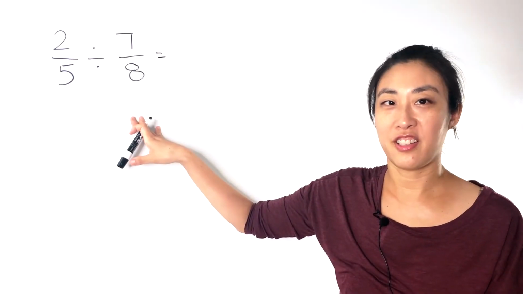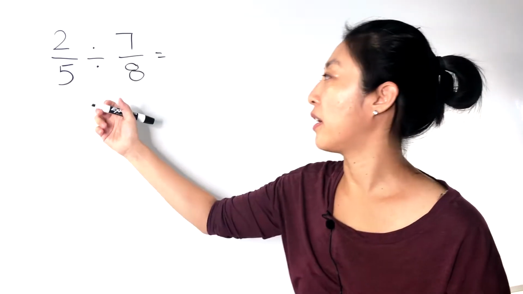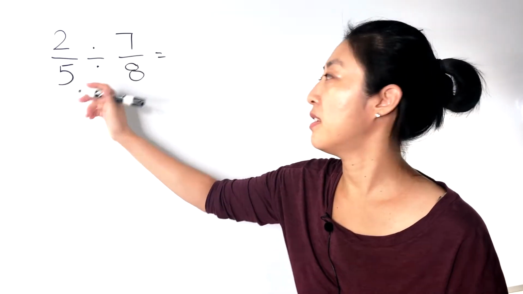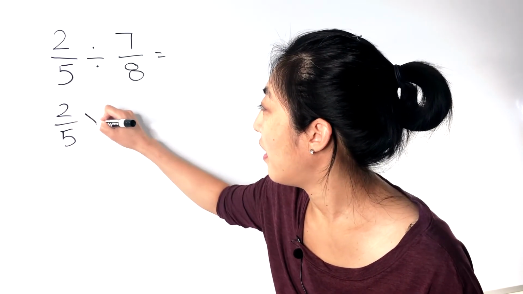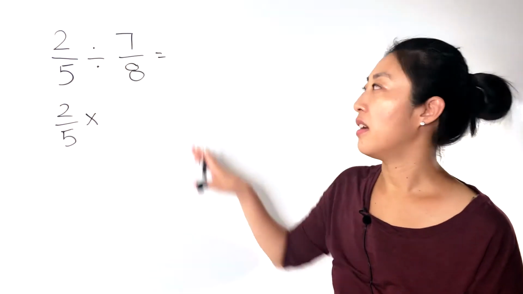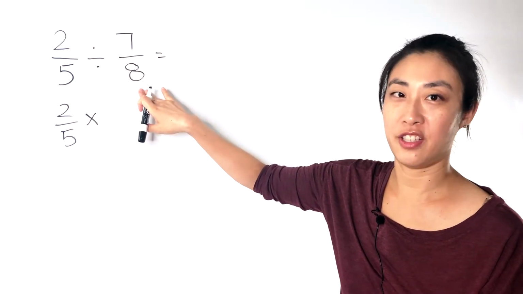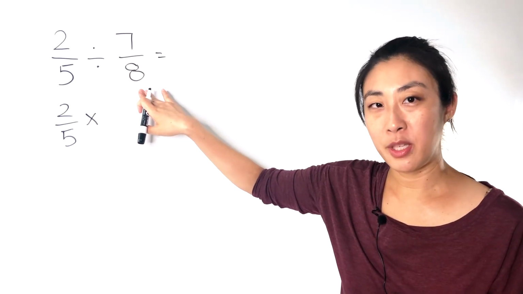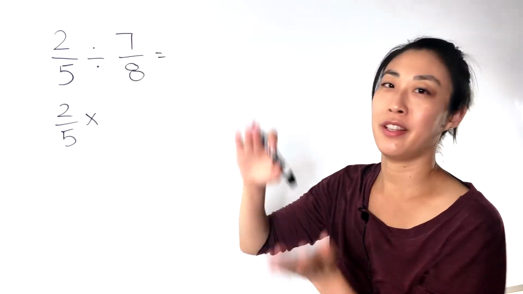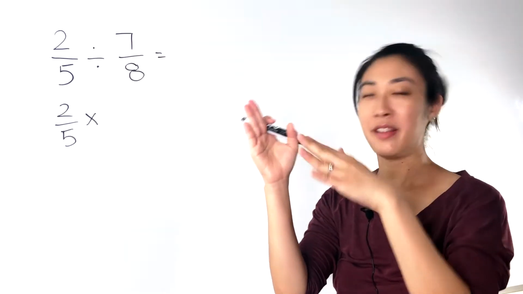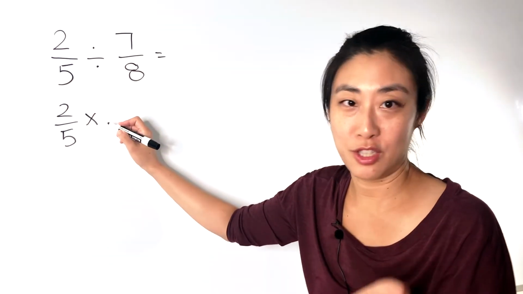With dividing fractions, you take the first fraction and you keep it the same. And then you multiply it by the reciprocal of the second fraction. And what I mean by reciprocal is all you have to do is basically flip it. Bring the denominator up and bring the numerator down. So that's the reciprocal.